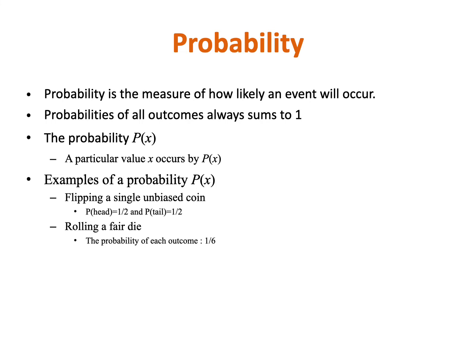If we sum all the probabilities, the sum will be 1. So basically probability tells us how likely an event will occur.